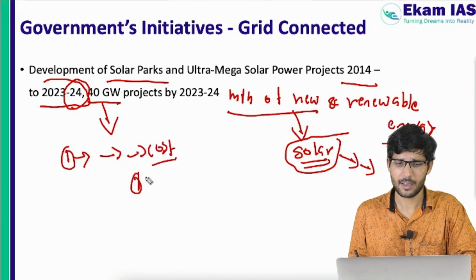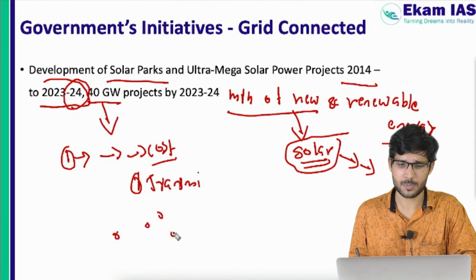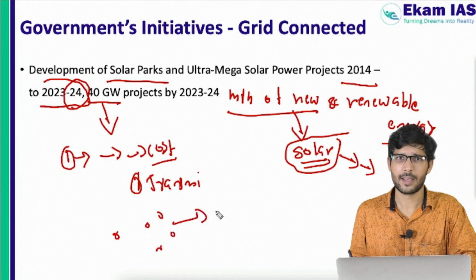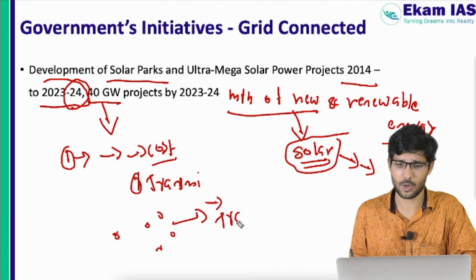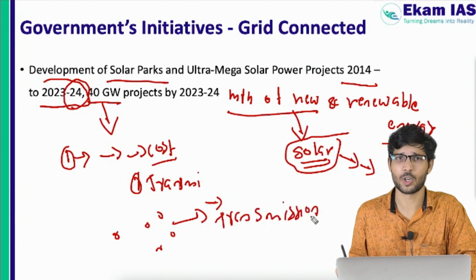Secondly, there should be transmission. When we are producing in different areas in small amounts, transmission of this electricity to a central grid or to the consumers becomes very difficult. There will be high transmission losses when there are multiple small productions of solar power.